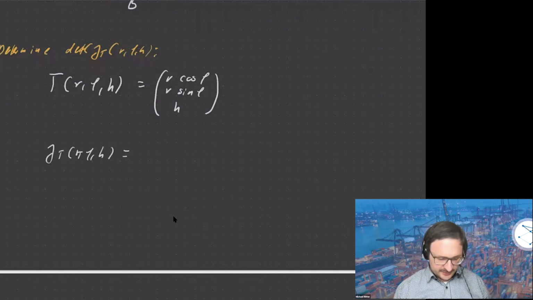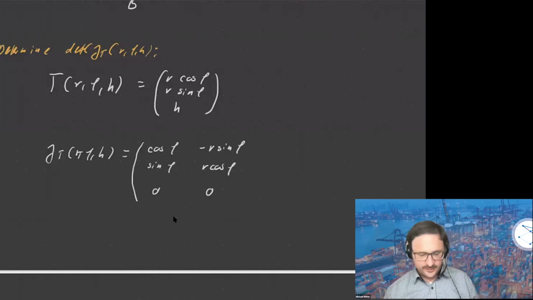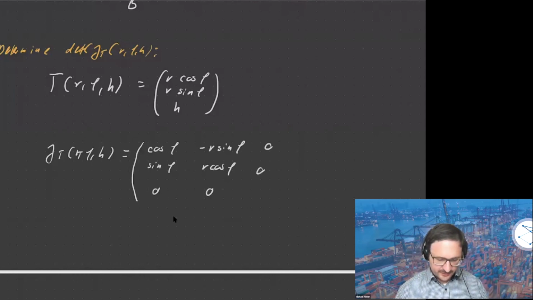So let's first do the derivative with respect to r. That is cosine phi, sine phi, and 0. Then with respect to phi, that is minus r sine phi, r cosine phi, and again 0. And then with respect to h, and that is 0, 0, 1.